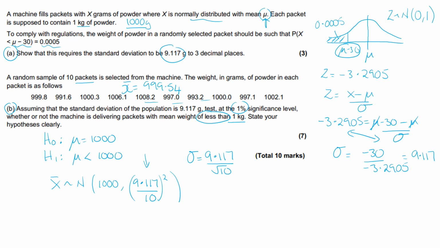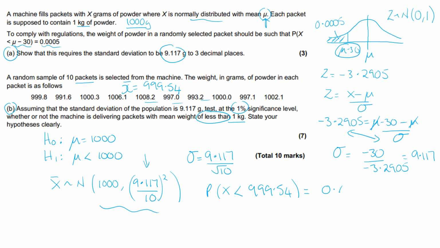So what we need to do is find the probability that x is going to be less than 999.54 based on this being true.